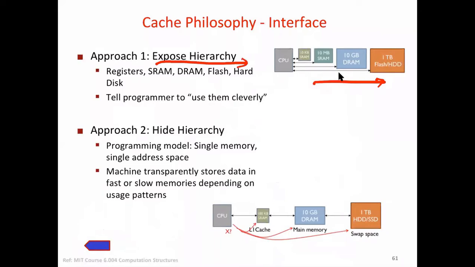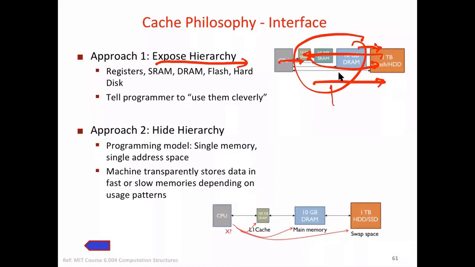Because you would have to manage these data items in different memories, and make sure that finally the data goes to flash or hard drive, because all these memories here are volatile. And who will take care of that? Would the programmer take care of that? What about when you brought in something and wrote it here, and after some time it's overwritten, then you'll have to make sure that whatever you have written goes back here.